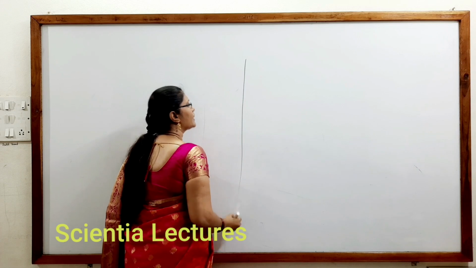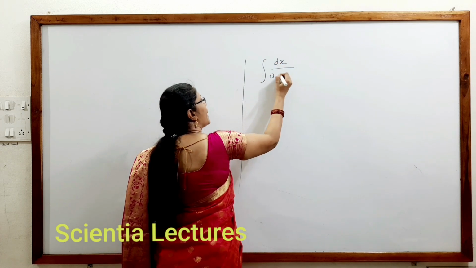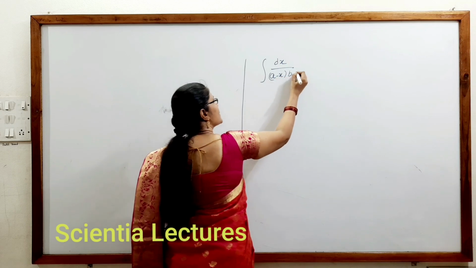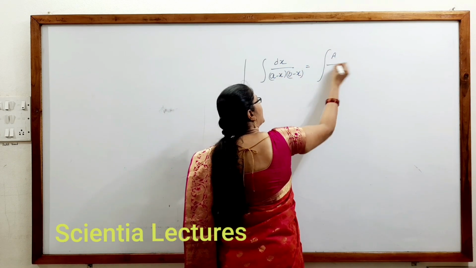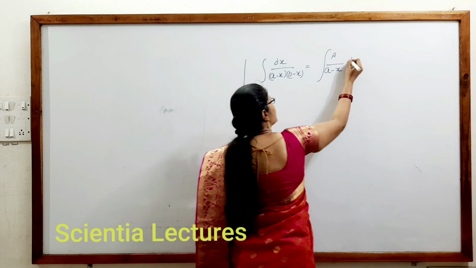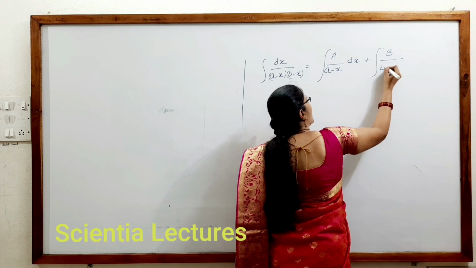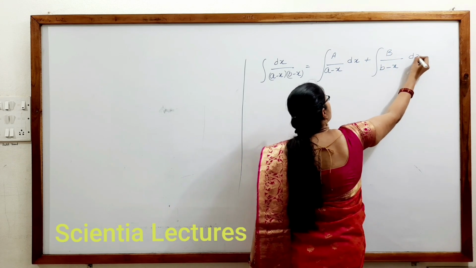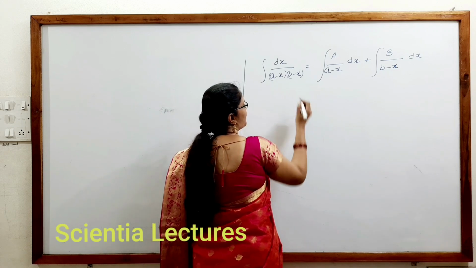What we have written is that integral of dx by (a minus x)(b minus x) could be written as integral of capital A by (a minus x) dx plus integral of capital B by (b minus x) dx. That's what we have written, right? Now, what should be taken as capital A here?